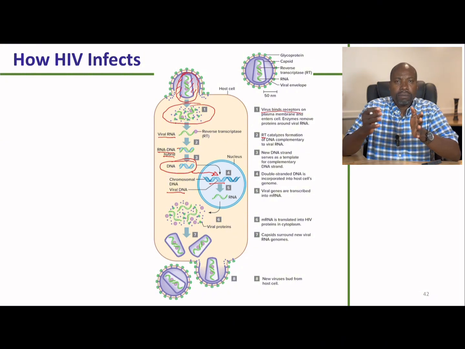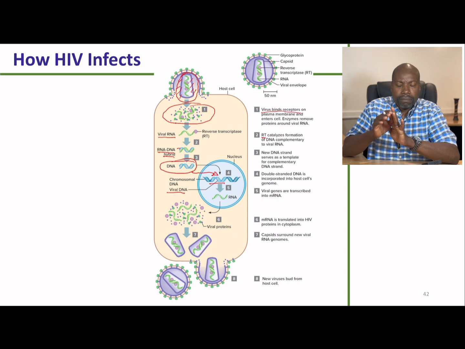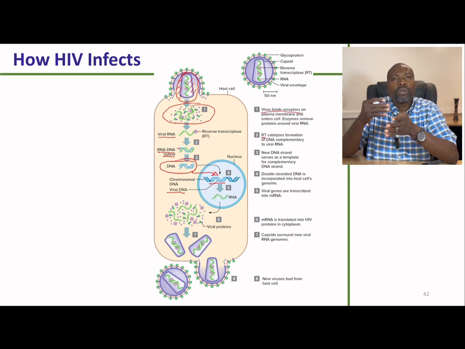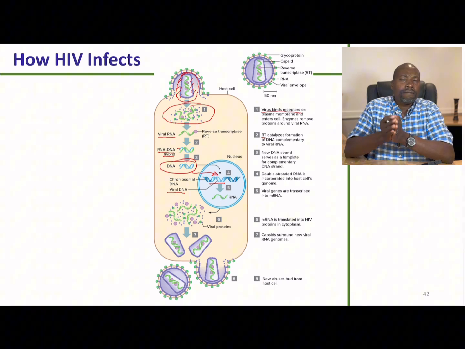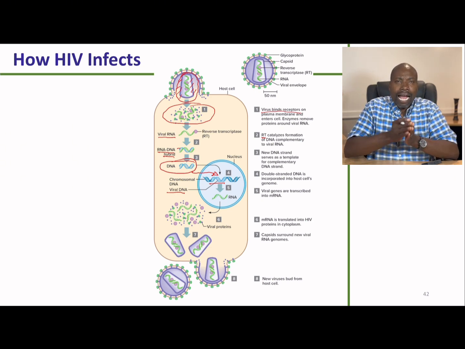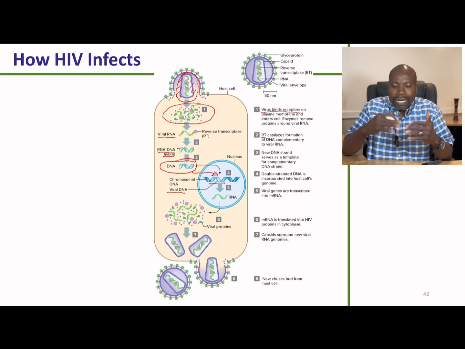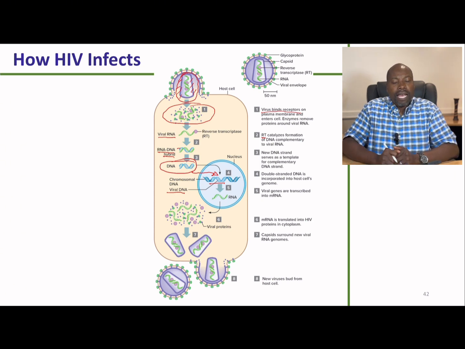Can be altered. And the gene expression can also be altered. You can now start imagining some of the issues that can happen in the proper functioning of the cell with the insertion of viral DNA in our chromosomes.